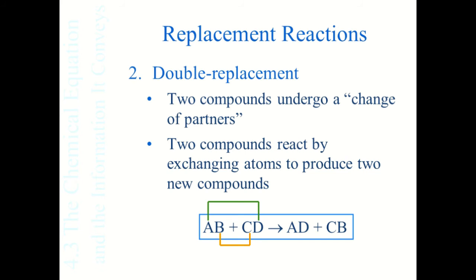Can you write the formula for lead, Roman numeral 2 nitrate, and sodium chloride? So see how much of 3 you need to know to do this? Lead, Roman numeral 2 nitrate, and sodium chloride. Now I want you to swap partners for those 2 guys.